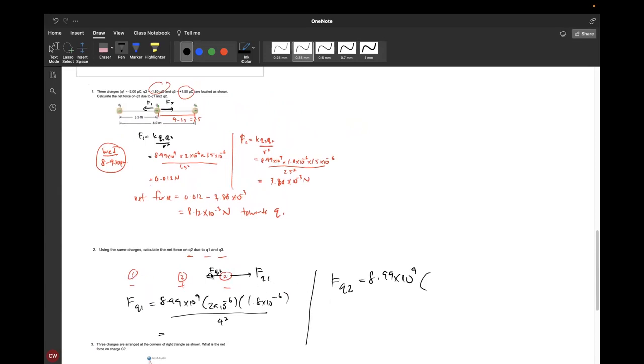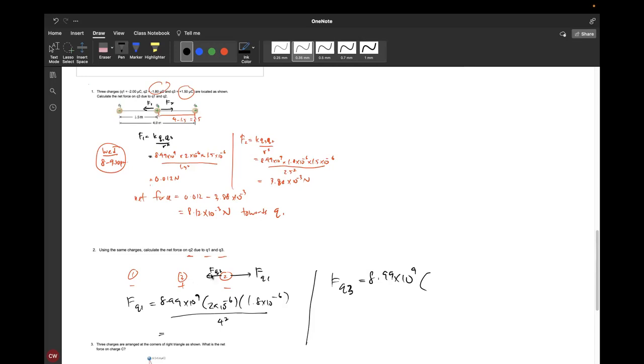Q2 is Q1 and Q2. Oh, this one is Q2 to Q3.